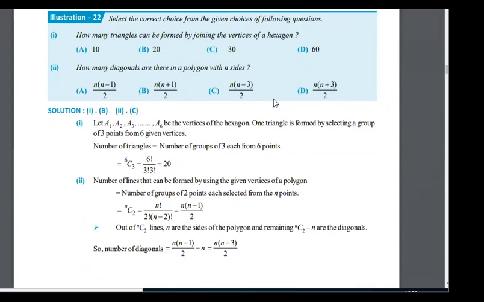See, what I told you was basic common sense, basic calculation, and normally this is the method that you can use. You can see how many lines are there, and obviously the sides should be subtracted because sides are not your diagonals. So the answer is n into n minus 3 by 2. Everyone's getting this? Tell me, everyone is getting this?